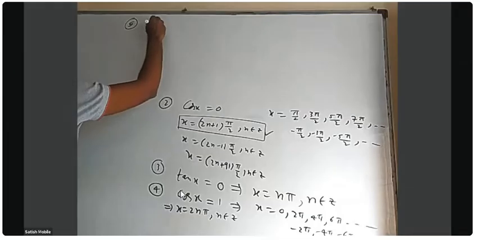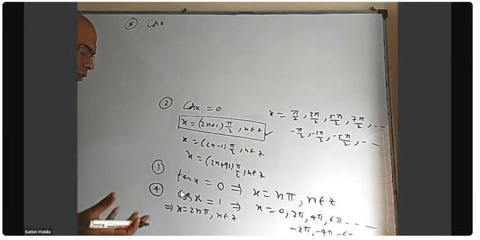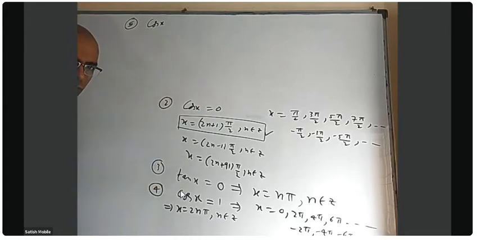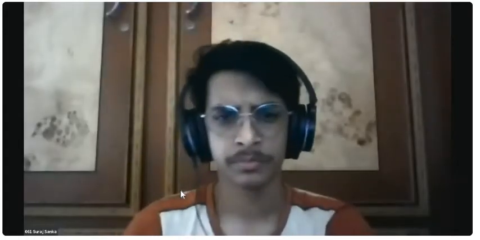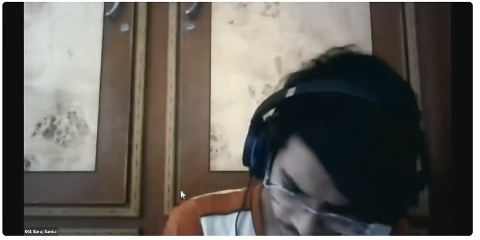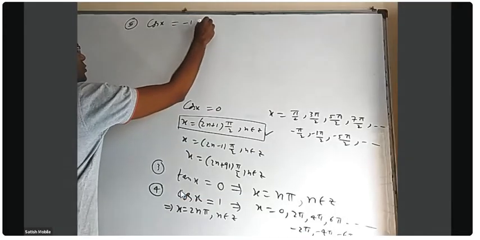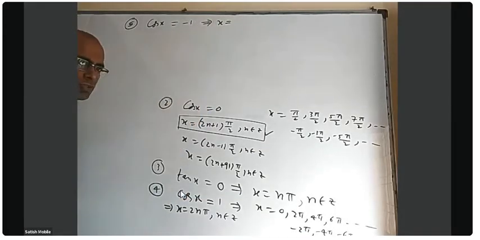Okay. Cos x, I hope all of you are clear, maybe I did not tell explicitly. You have written all these things, what is there on the board, right? Yes, sir. Okay. Cos x equal to minus 1. First of all, tell me some solutions, then we'll write general solution. Pi, 3 pi, 5 pi.